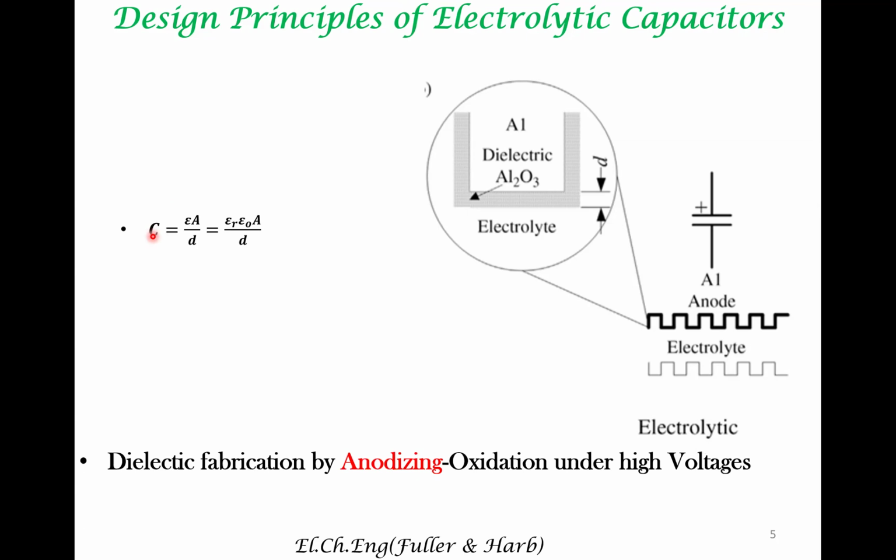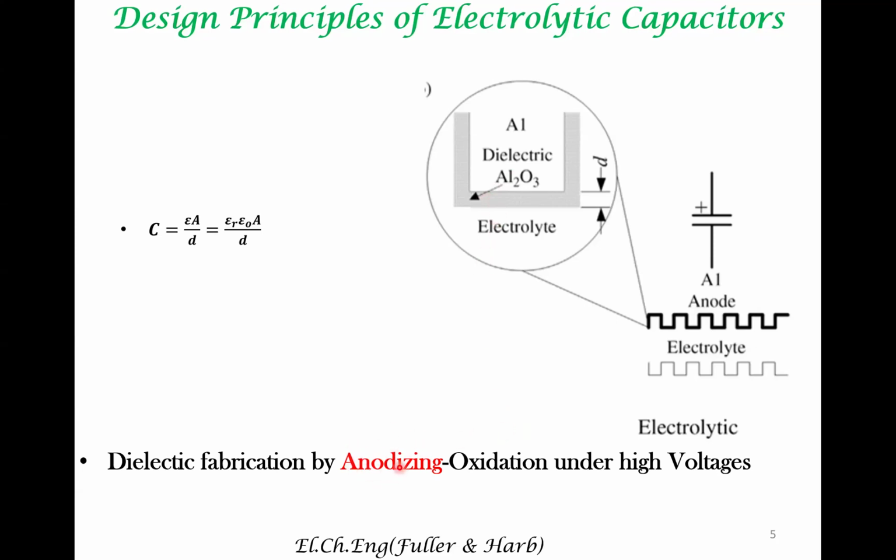There are other features. First is that this alumina structure is fabricated via an electrochemical process called anodizing. That is why we refer to this as an electrolytic capacitor. What happens is that aluminum metal, when exposed to high oxidation potential, gets oxidized in an aqueous media to form alumina.